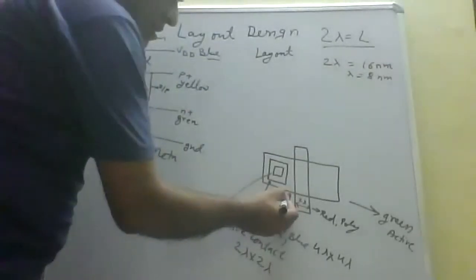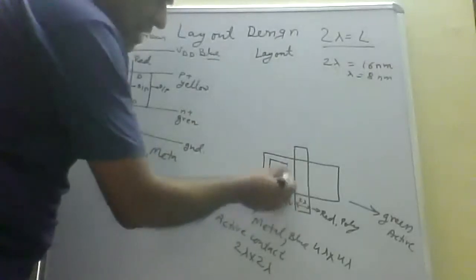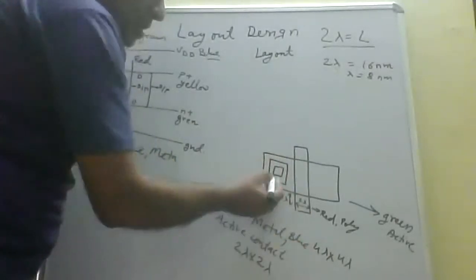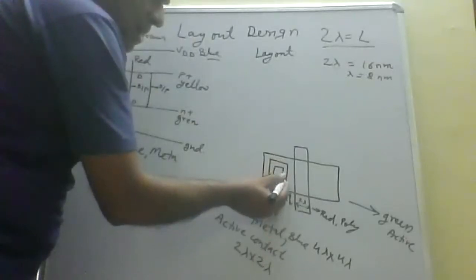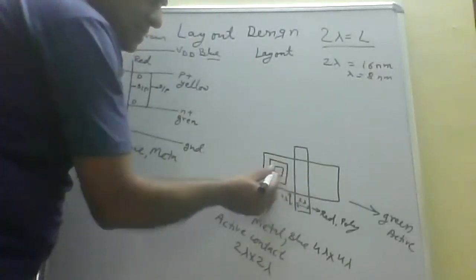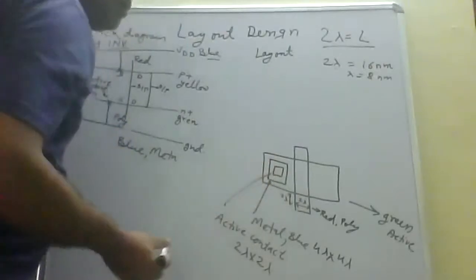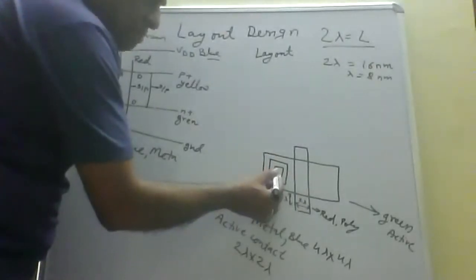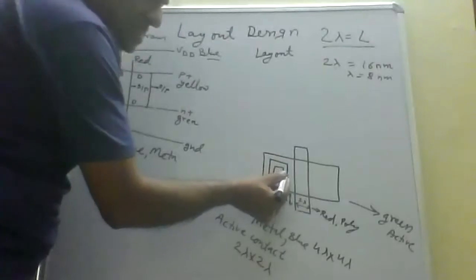So here metal is 4 lambda by 4 lambda. This is here 2 lambda by 2 lambda. So this is 2 lambda. This total is 4 lambda. So what will this be? The overlap will be 1 lambda, because this is 1 lambda plus 2 lambda plus 1 lambda.